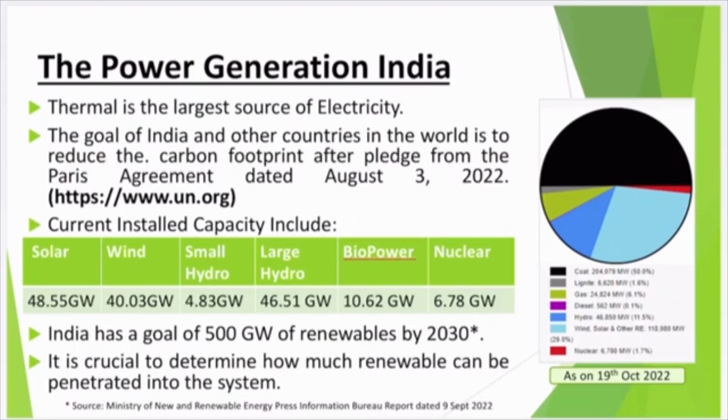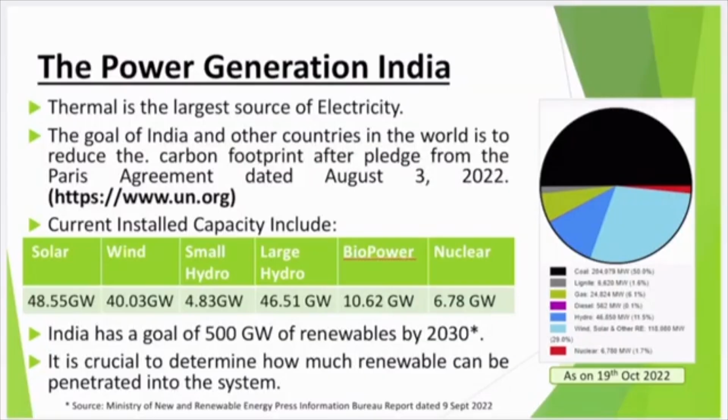Now, if you see the current installed capacity, we have almost 48, that is close to 50 gigawatt of solar, 40 gigawatt of wind, 5 gigawatt of small hydro, approximately 45 gigawatt of large hydro, 10 gigawatt of biopower, and close to 7 gigawatt of.